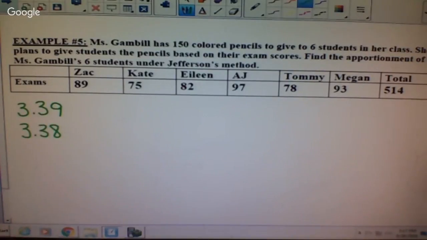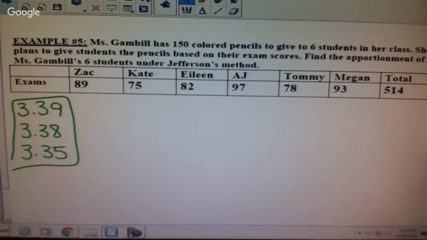Somebody in my last class had this answer. They're all correct. Guess what? Every last one of these is correct. Every last one of these would give you that lower quota that's going to match out to be 150. So each one of these works.